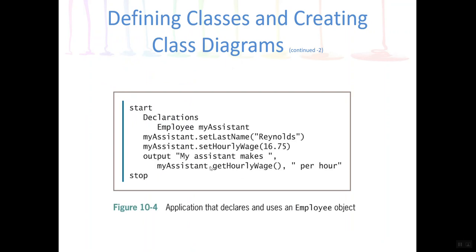At this point, the flow of control would leave this statement, jump over to that block of code called get hourly wage we just saw, execute the statements within, and return back the hourly wage value, which in this case would be $16.75. Because it returns it back, that's used in the final output that's concatenated here. My assistant makes $16.75 per hour.